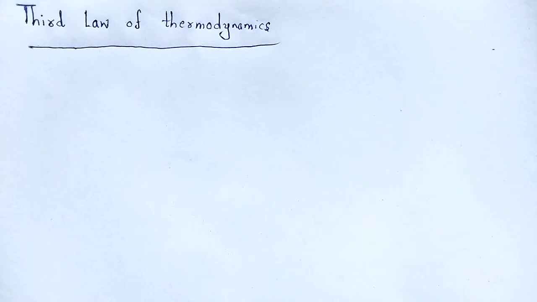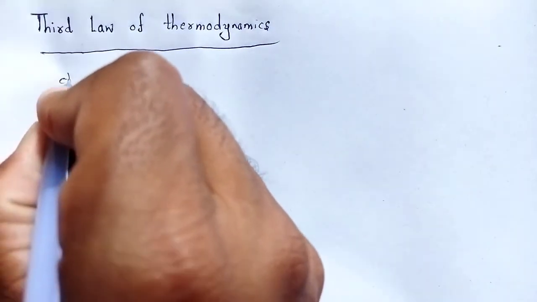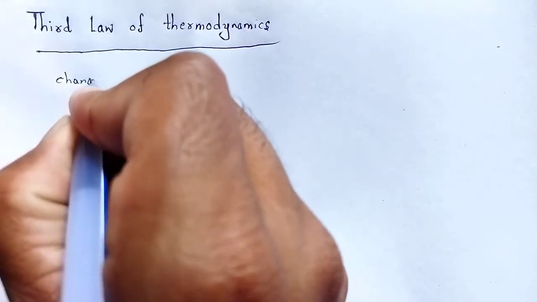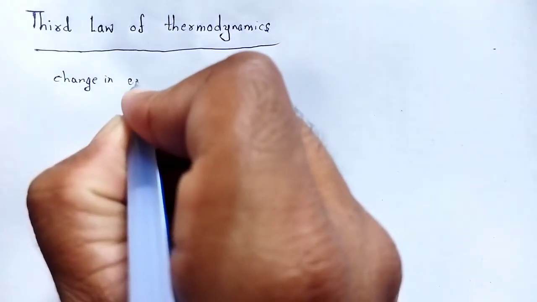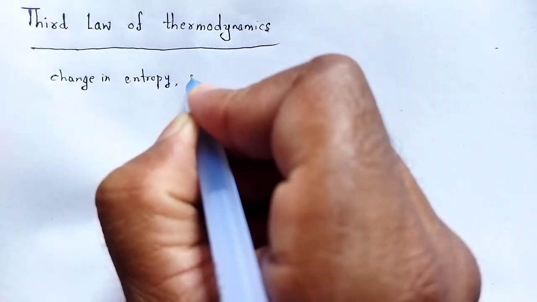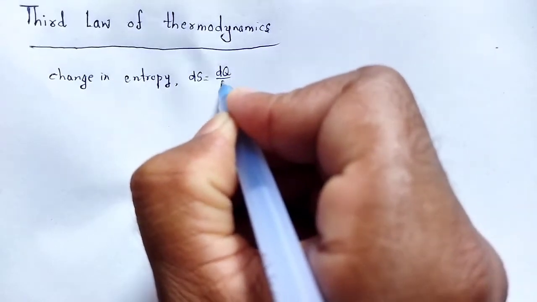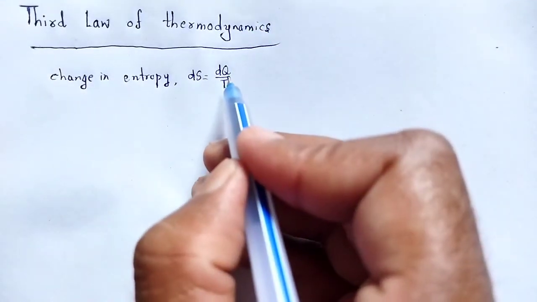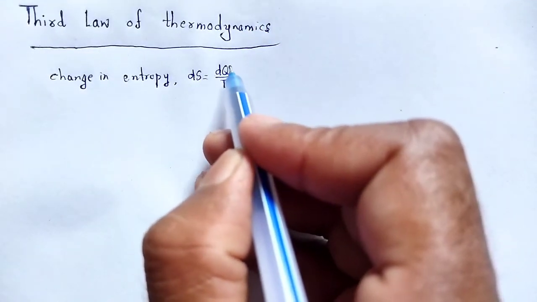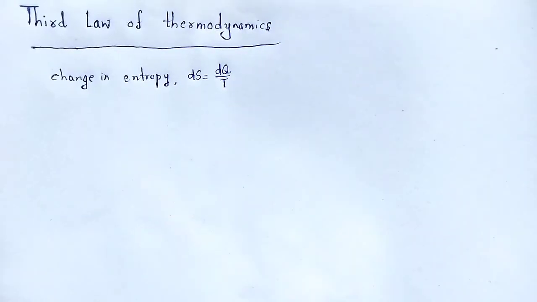We know the change in entropy, mathematically, is dS equals dQ by T. dQ is the small amount of heat supplied to the system, and T is the absolute temperature of the system.